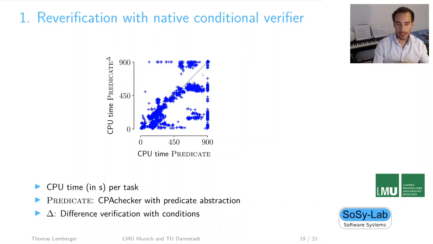Everything below the diagonal, difference verification with conditions performs better. Everything above, it performs worse. And everything at the edge either is a timeout or some error occurred. So this shows us that for the vast majority of tasks, difference verification with conditions performs significantly better than the full re-verification.